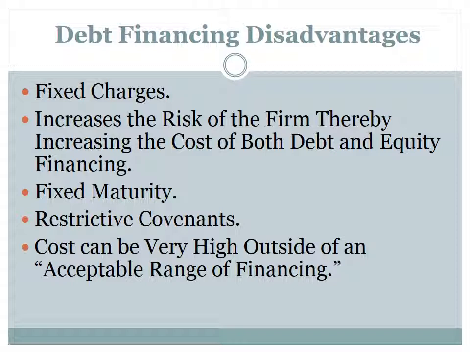The next point, restrictive covenants, that's an important consideration when issuing bonds as well, because there is a bond indenture associated with the bond issue. And just very quickly, a bond indenture is a document that tells you everything you need to know as an investor to make an informed investing decision about this bond.